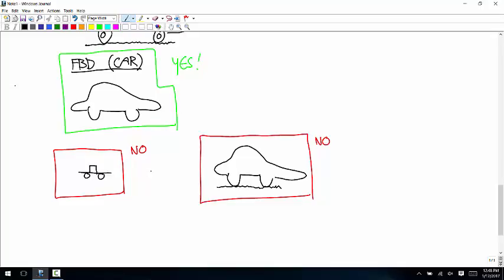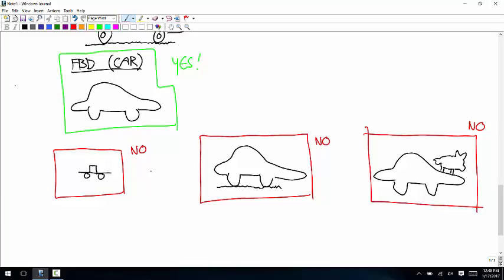And then the last one. So there's the car. And there's the pig. Okay. Don't do that because we're not isolating the pig.